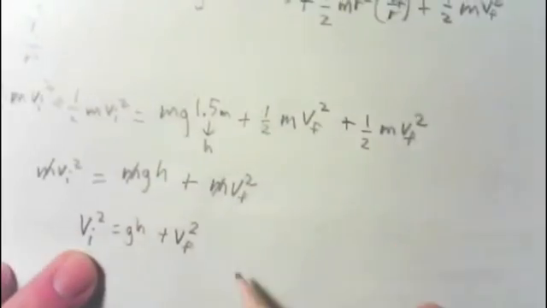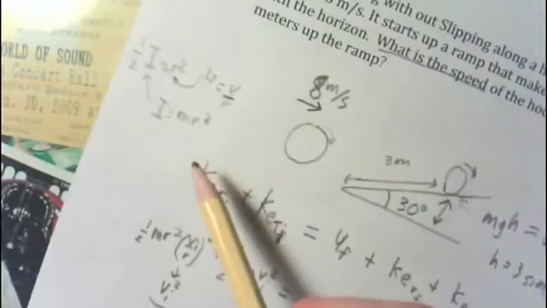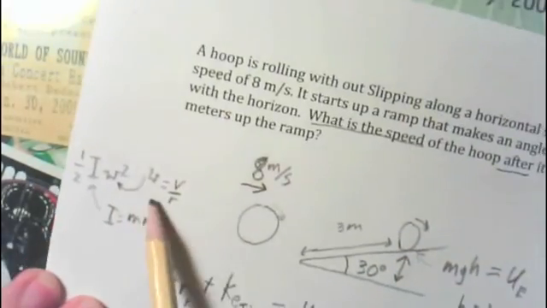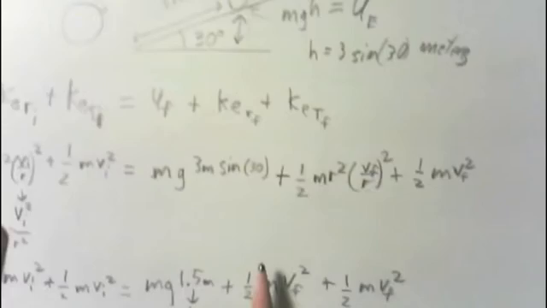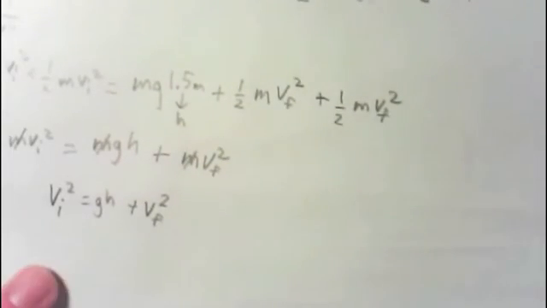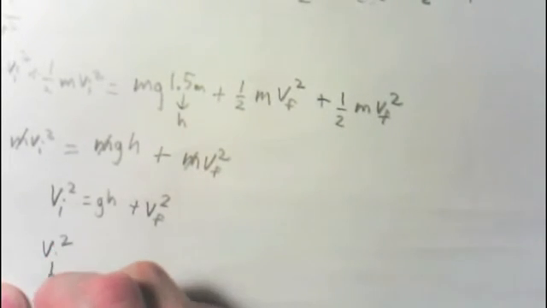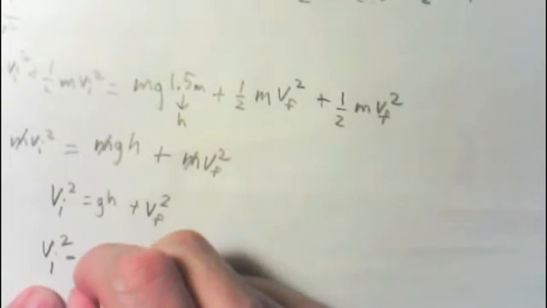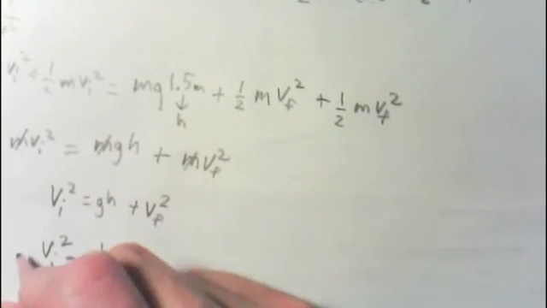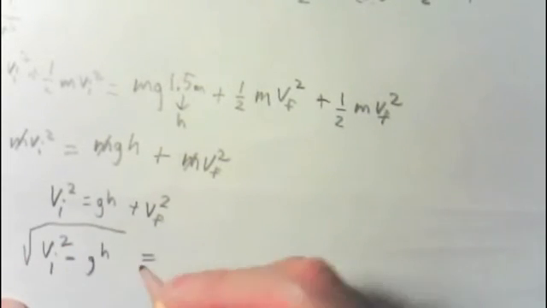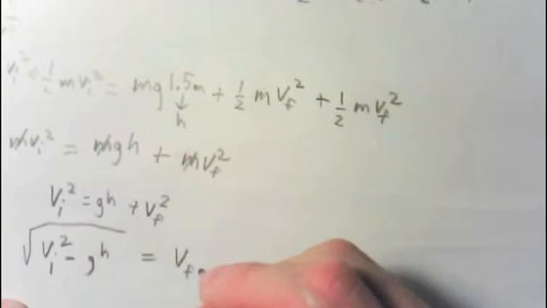We would just use the same conversion we use for the analog up here of omega being equal to velocity over the radius. Okay, so we're going to solve for v final. We get that v initial squared minus gh. You can square root that whole thing, and that's going to equal our final velocity.